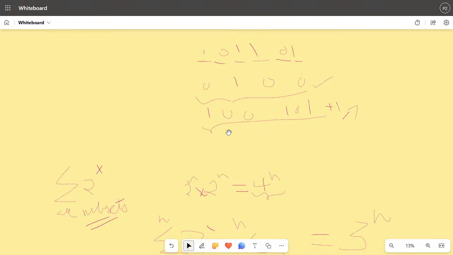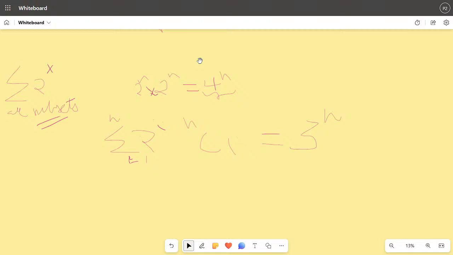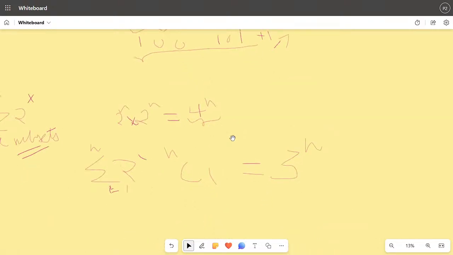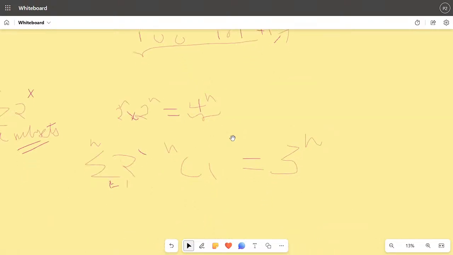They cannot be 0 1, as it is a subset of the previous number. So for every subset of the subset, there are only 3 to the power n possibilities instead of 4 to the power n.